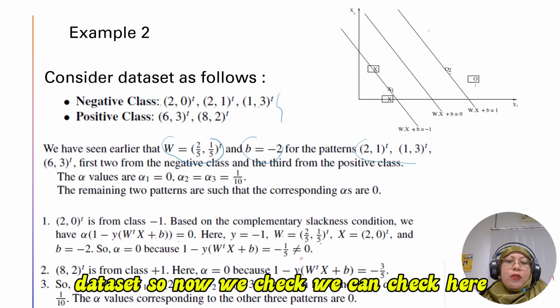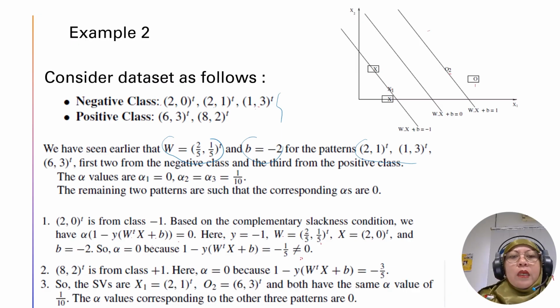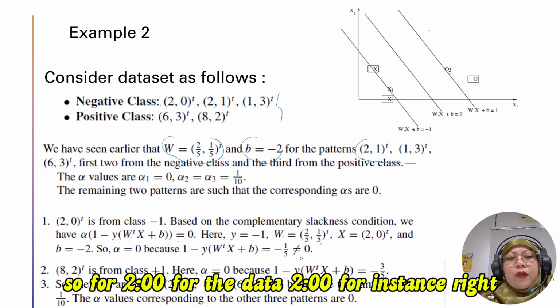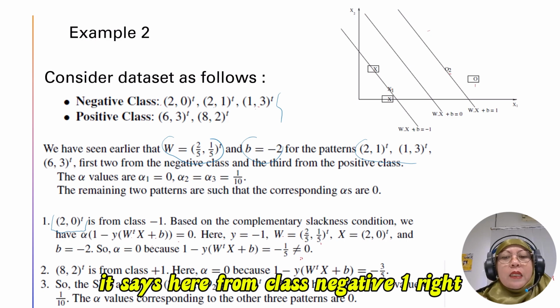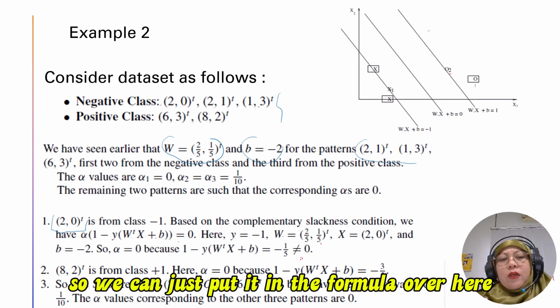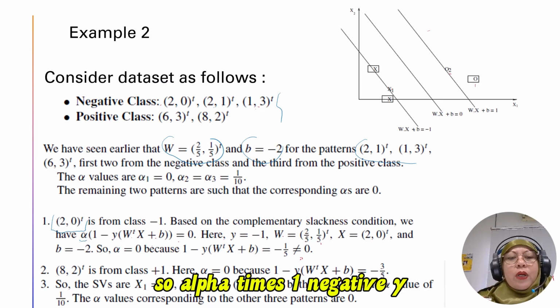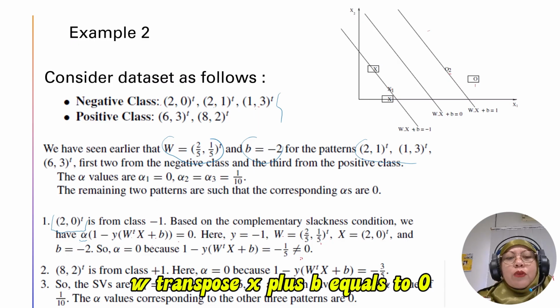So now we can check here. For the data point 20, for instance, it says here it is from class -1. So we can just put it in the formula over here: alpha times y (w transpose x plus b) equals 0.